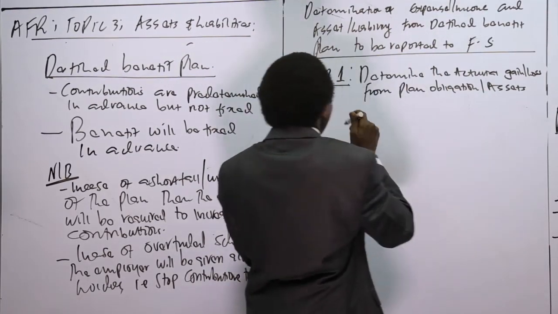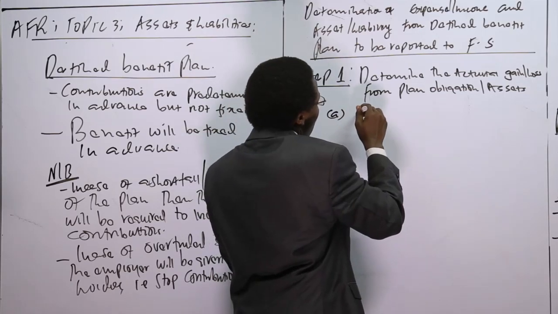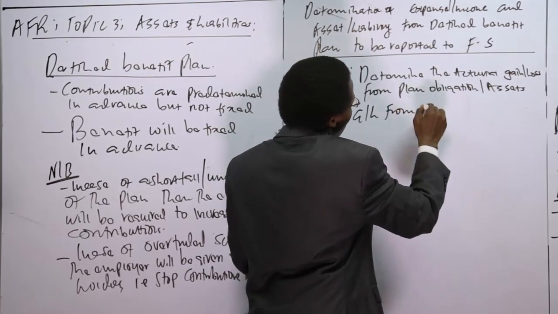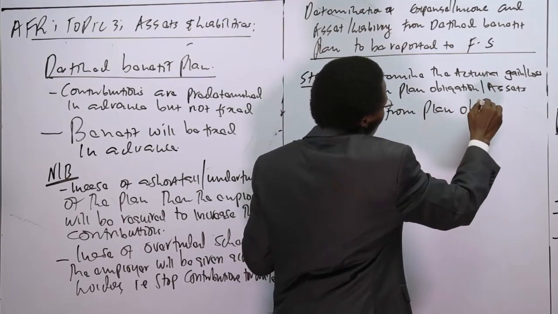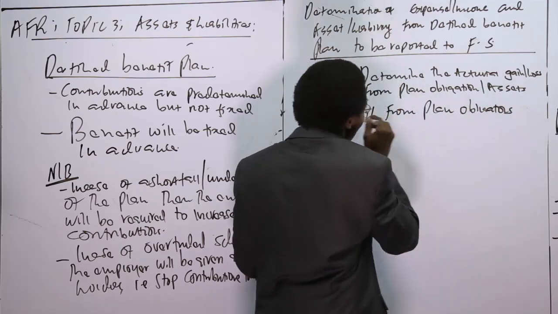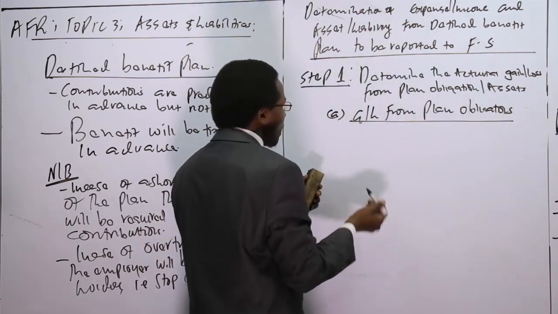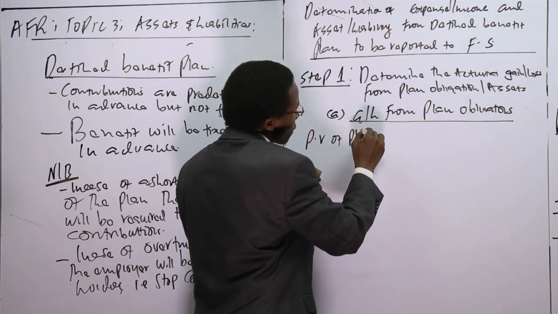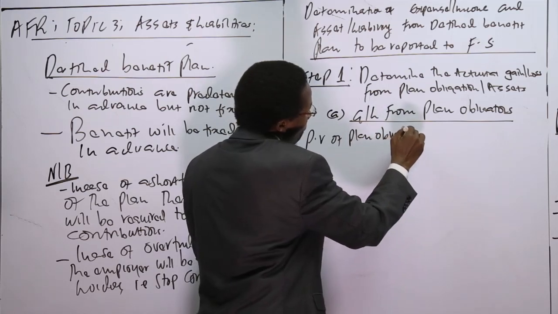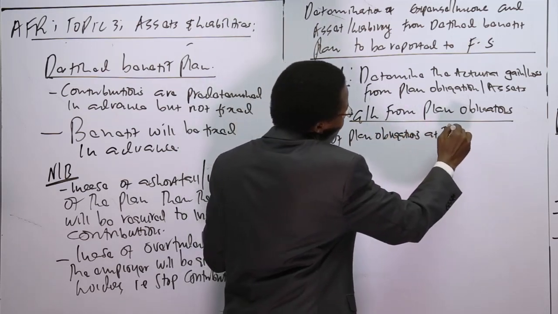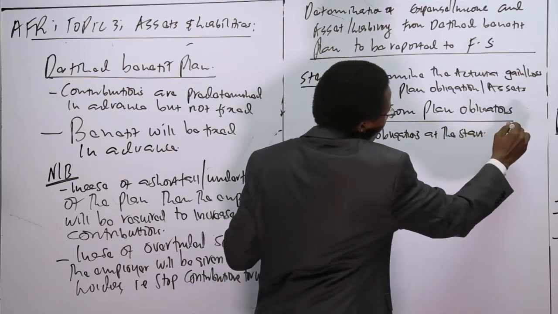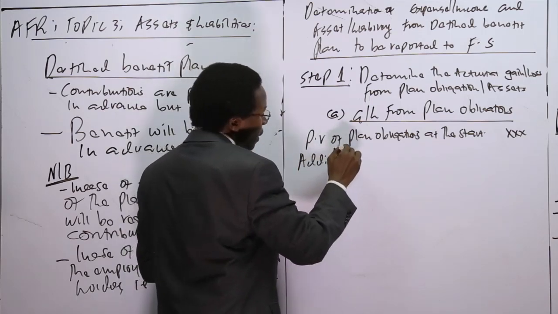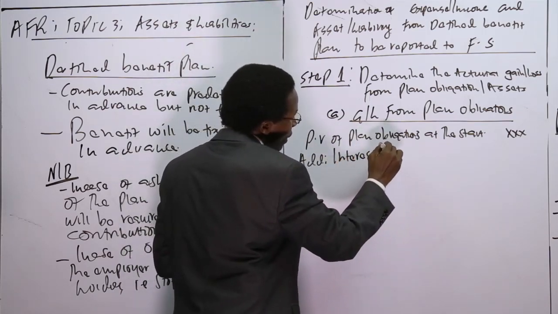If I start with the obligations, I say actuarial gain or loss from plan obligations. If you are looking at plan obligations, I'll consider maybe one year. I say that this is the present value of plan obligations at the start. At the start, you'll have those items at the beginning. Then you are going to add the interest or the discount.